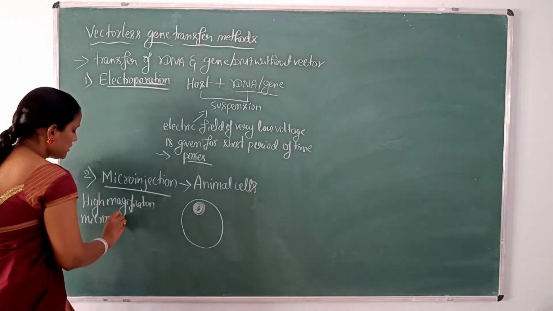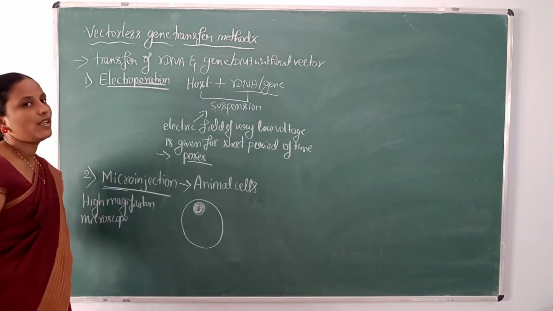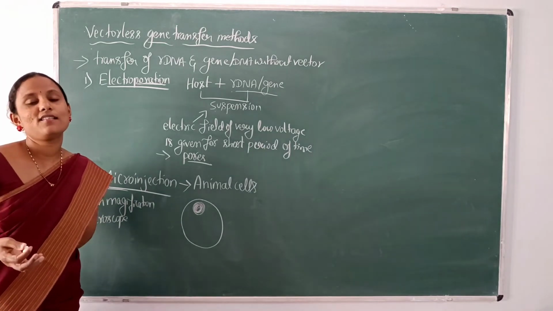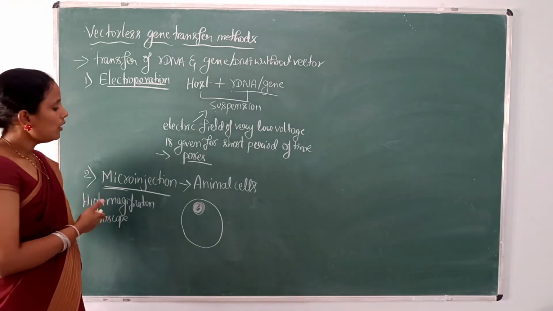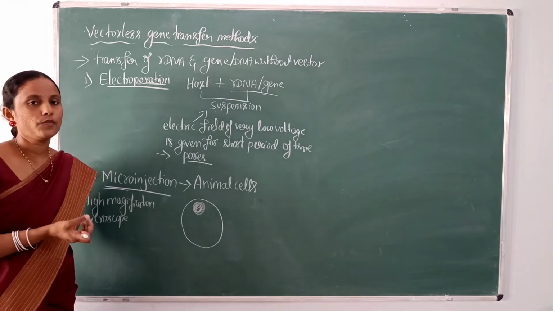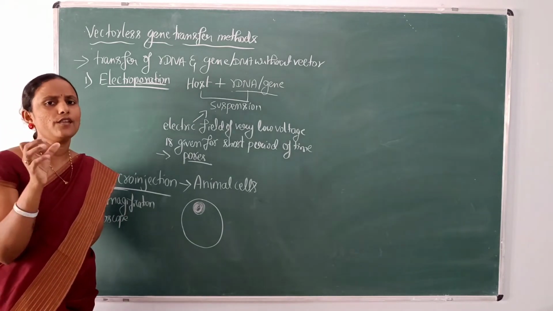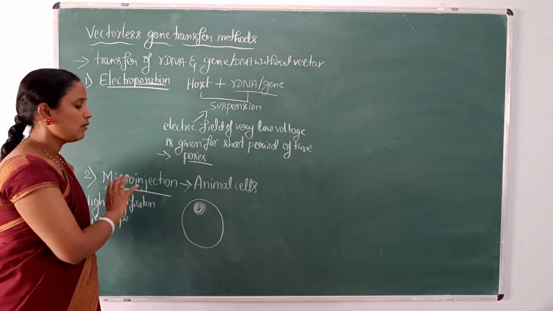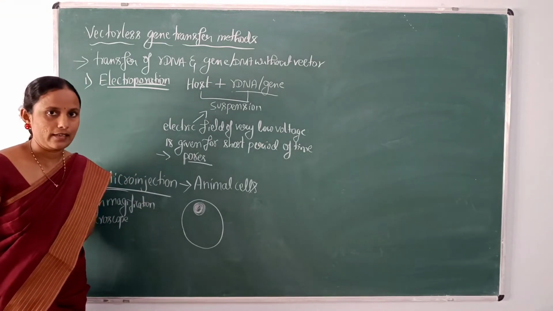This procedure is very expensive because the instrument itself is very expensive. So commonly it is not being used. So under research works where it is very necessary, there they make use of the microinjection technique.